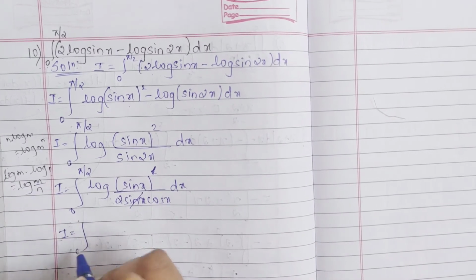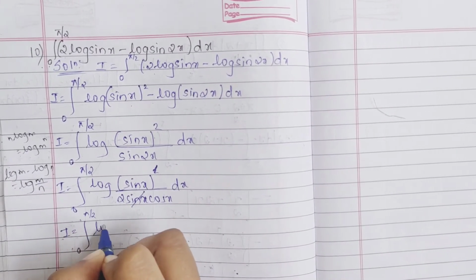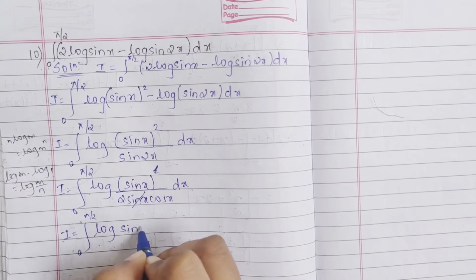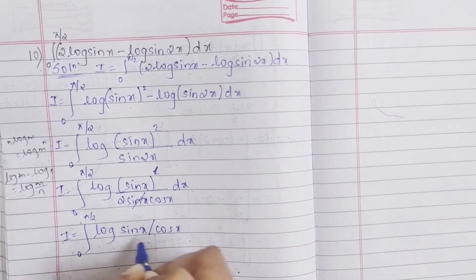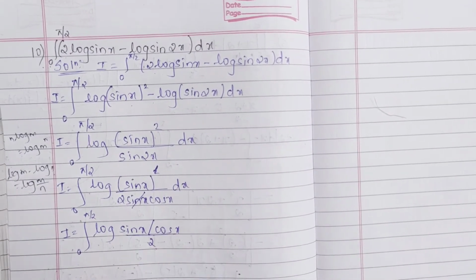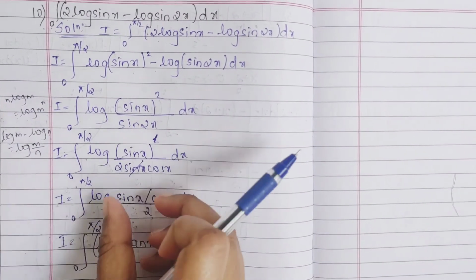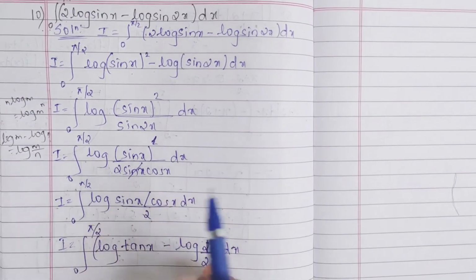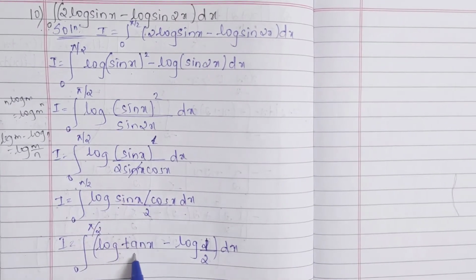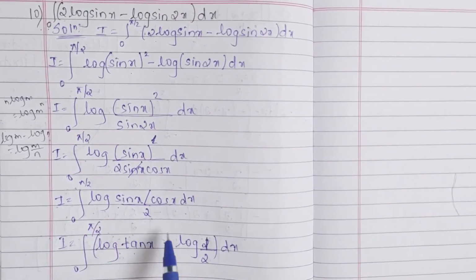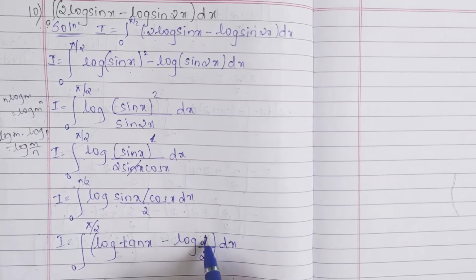So it will be integral 0 to pi by 2 of log, one part is sin x divided by cos x and then 2. So here you can see log of sin x divided by cos x, divided by 2. So again log m by n form only. Log sin x divided by cos x is log tan x, minus log 1 by 2. Okay, this is 1 by 2.